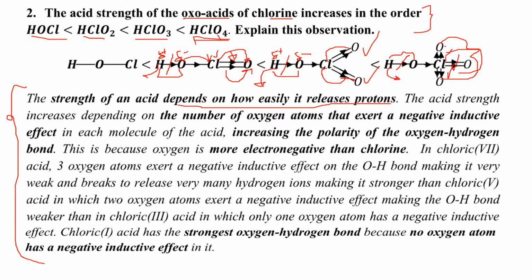And we are saying therefore that the acid strength increases depending on the number of oxygen atoms that exert a negative inductive effect in each molecule of an acid. The more oxygen atoms present in an oxo-acid, the more we increase the polarity of the oxygen-hydrogen bond, just like I explained earlier.